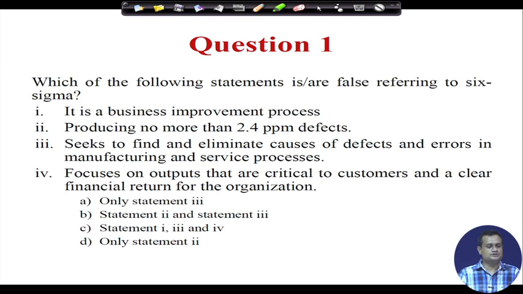Focuses on outputs that are critical to customers and a clear financial return for the organization. Option A, only statement 3; B, statement 2 and statement 3; C, statement 1, 3 and 4; and D, only statement 2. Remember that you are supposed to find the false statement.